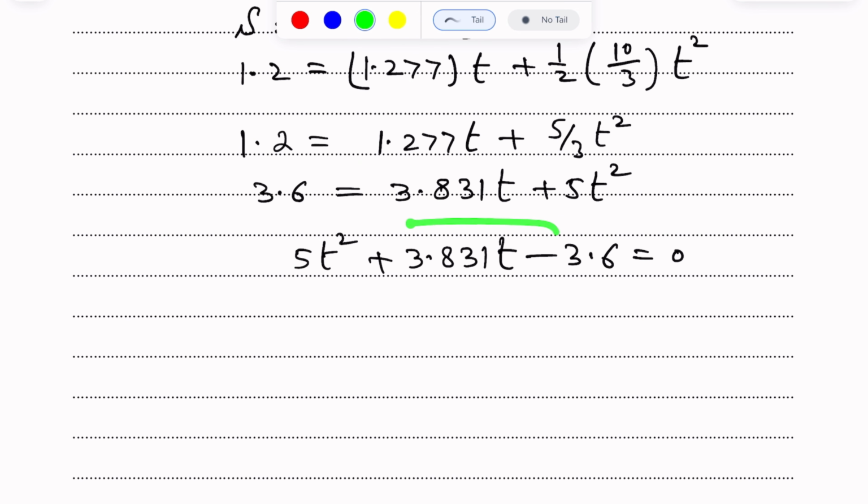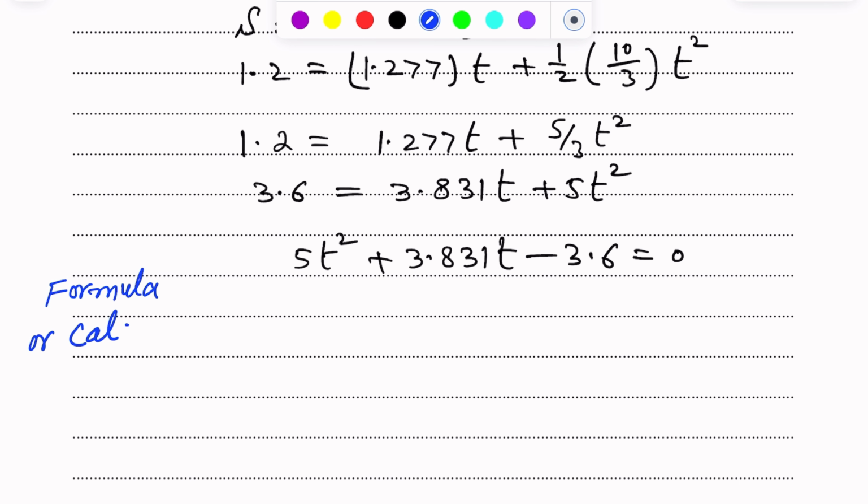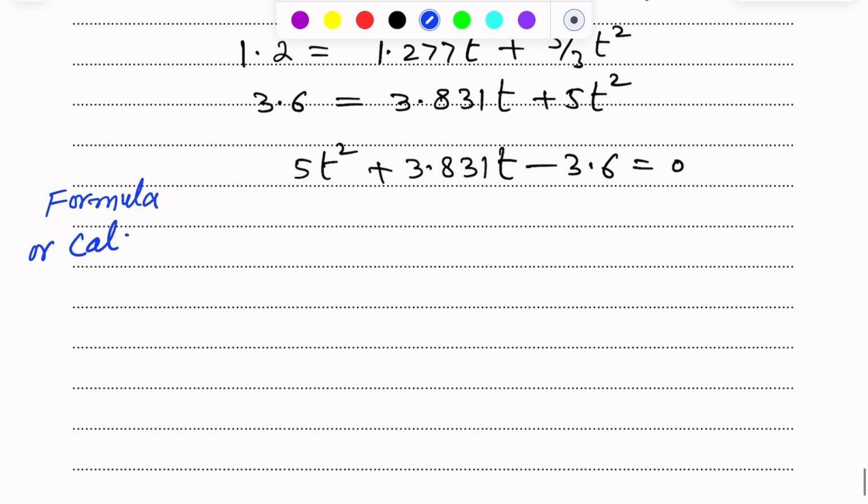Now we will use the quadratic formula, or we can use the calculator to find the values of t. After simplifying, we get t is equal to 0.5479. Negative value of t will not be considered because time will never be negative.